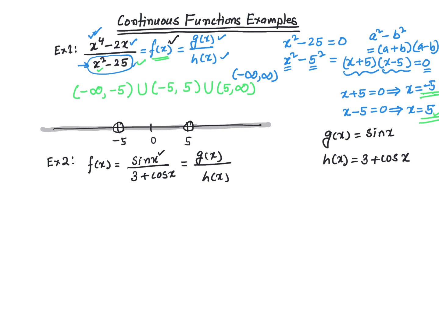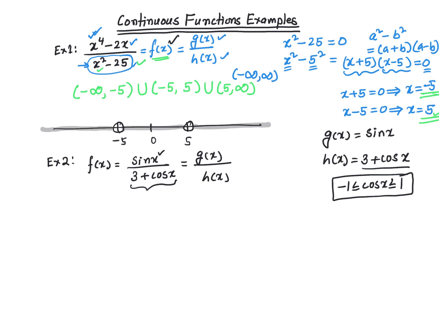However, again, we have to remember that you do not have any value of x that's going to make the denominator 0. In our case, that will never happen. Why? Remember, negative 1 is less than or equal to cosine of x is less than or equal to positive 1. So the cosine value is restricted between negative 1 and positive 1.